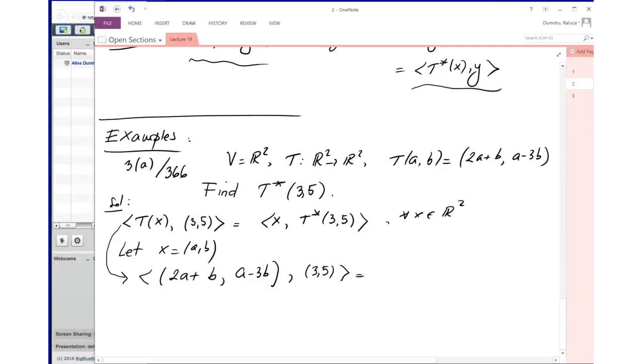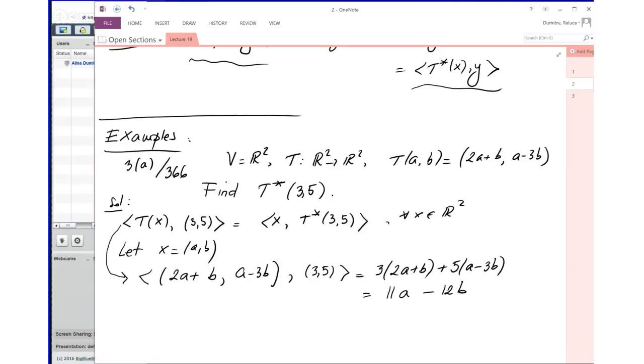And this inner product we can compute, right? It's the standard inner product, so I just do 3 times (2a + b) plus 5 times (a - 3b). So what is it? 6a plus 5a, so 11a, plus 3b minus 15b. So 11a minus 12b.